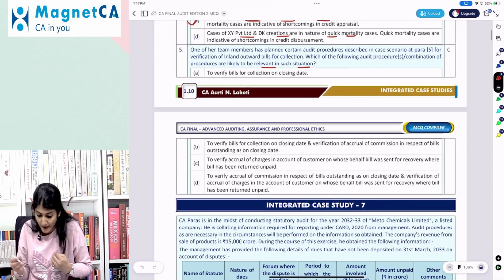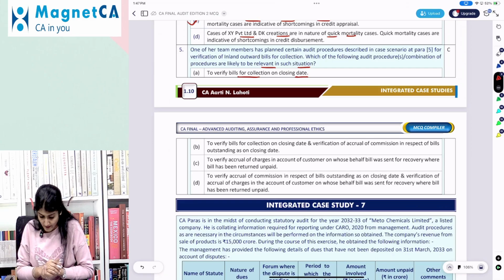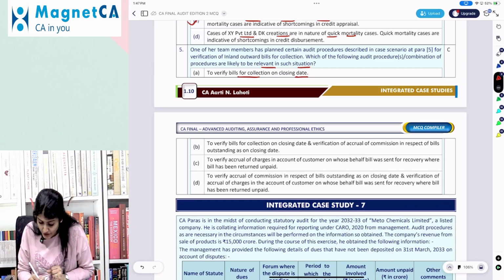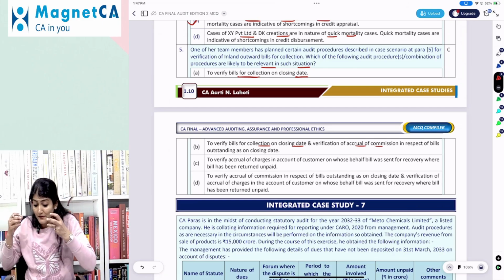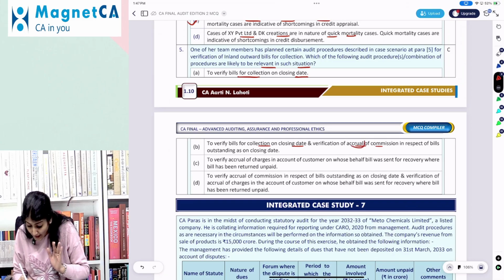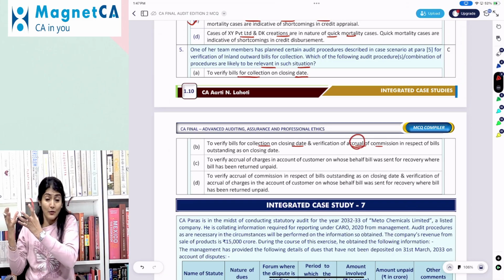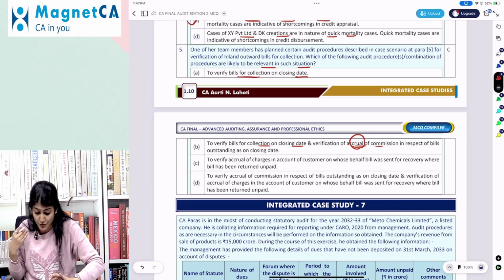Procedure number 1, to verify the bills for collection on the closing date, and verification of accrual of commission in respect of bills which are outstanding. No, you cannot accrue the commission for the bills outstanding. Only when the bill is collected, the income should be recognized.